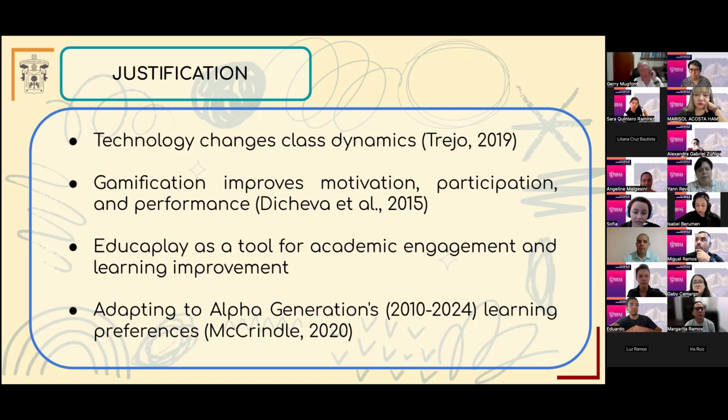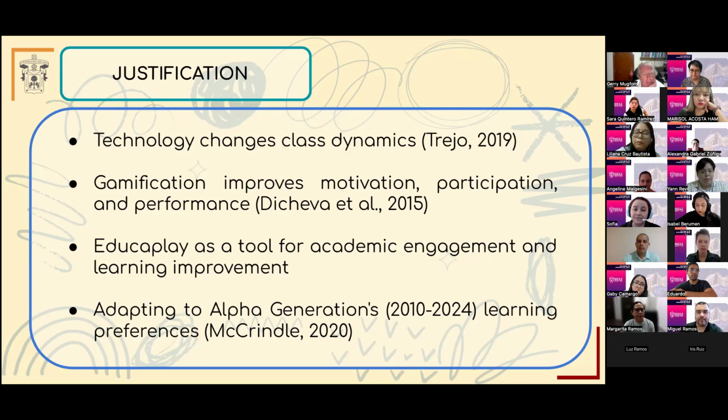Chivo et al., for their part, mentioned that gamification implemented in educational contexts can improve student motivation, participation, and performance. Also, the last part is very interesting. McClendon highlights that this Alpha generation is very visual and interactive and expects the integration of technology into daily lives, including education, of course.